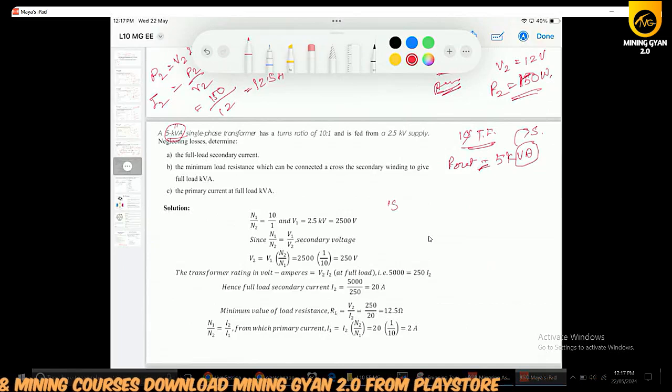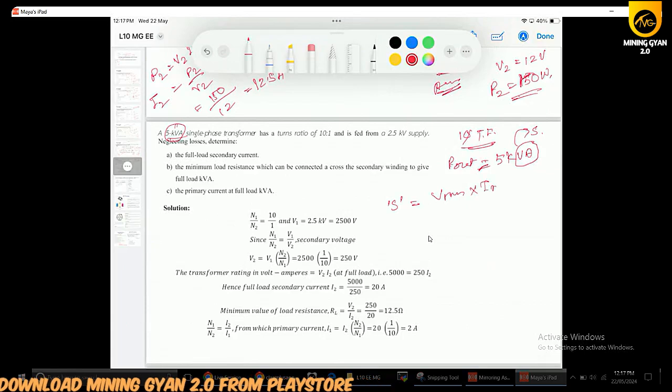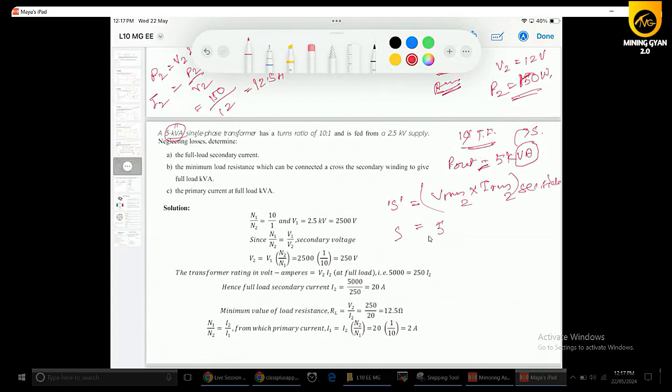Apparent power S equals what? V2 rms into I2 rms at the secondary side. Secondary side means the load side. So S will be what? 5 into 10 to the power 3 volt amperes they have given. Okay, and this is the rated capacity of the transformer.